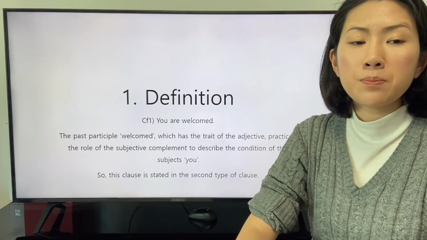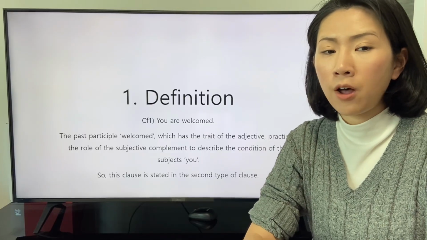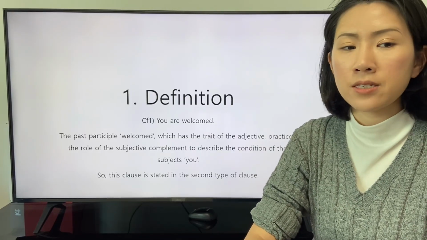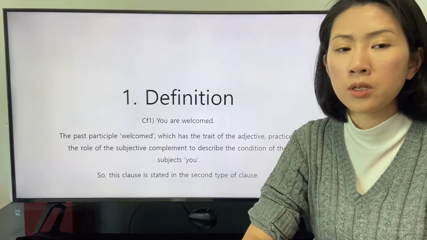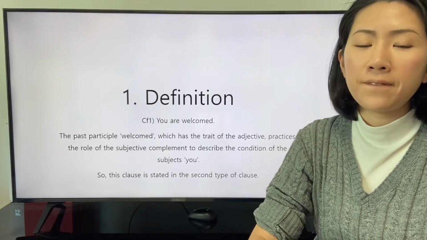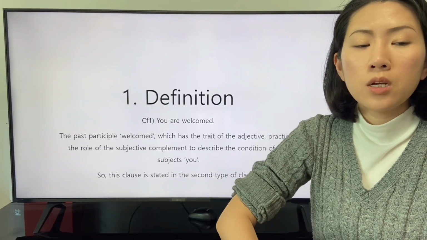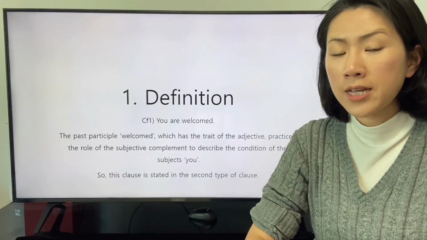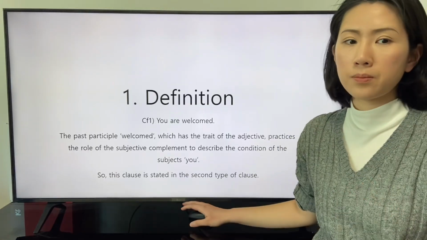The past participle welcomed, which has the trait of the adjective, practices the role of the subjective complement to describe the condition of the subject, you. So this clause is stated in the second type of clause.